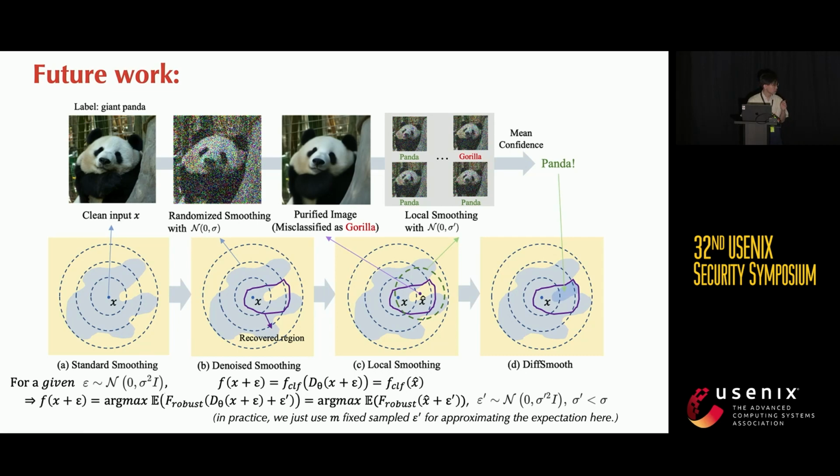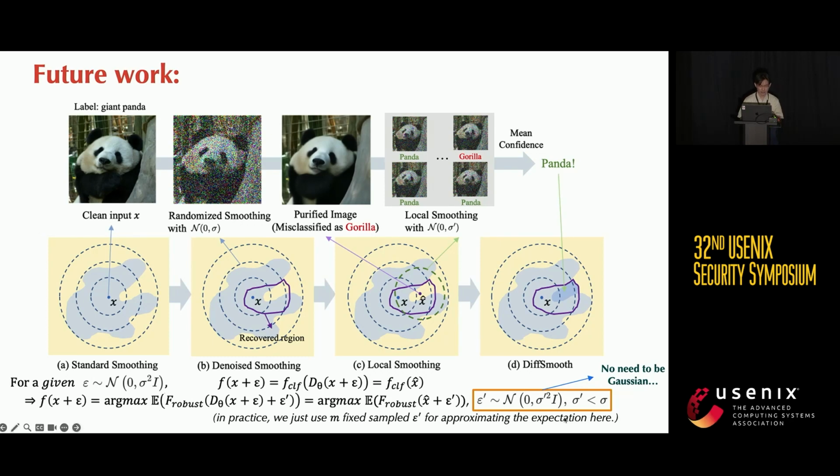Another thing to consider is the noise distribution. Actually, we still use the Gaussian augmentation for the additional smoothing, but there is no need for epsilon prime to be Gaussian. So maybe we can consider another distribution, like a uniform distribution or a Laplace distribution. It may provide much better performance.